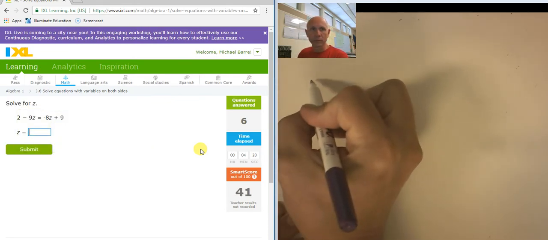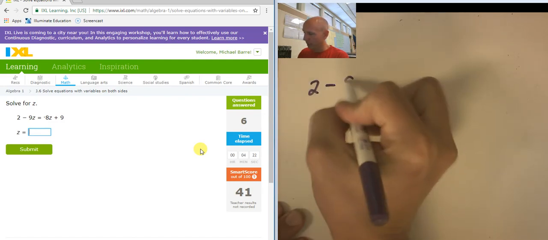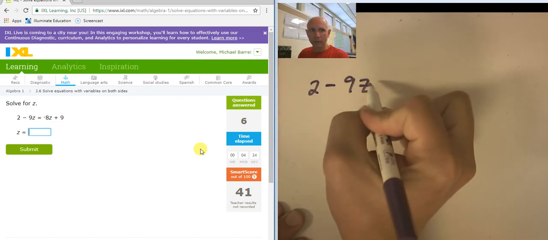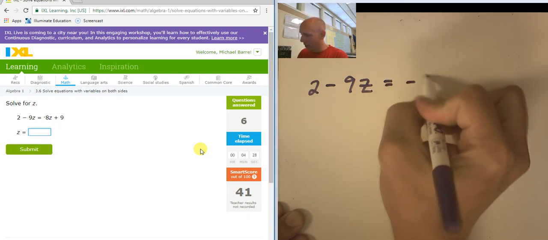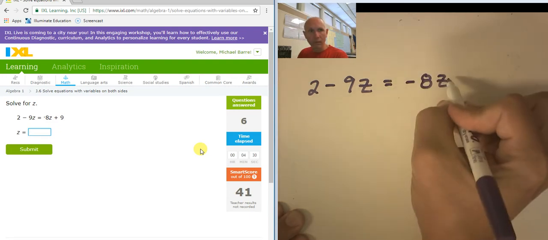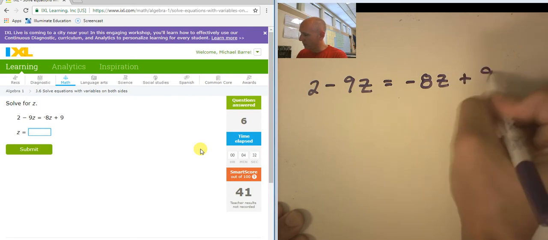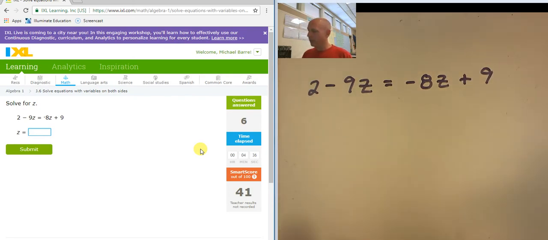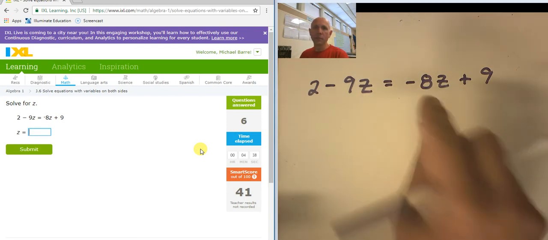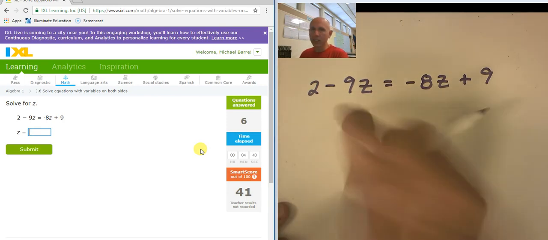2 minus 9z equals negative 8z plus 9. In this case, you could go to either side. If I wanted to add 9z to both sides, that's fine. If you wanted to add 8z to both sides, that's fine.